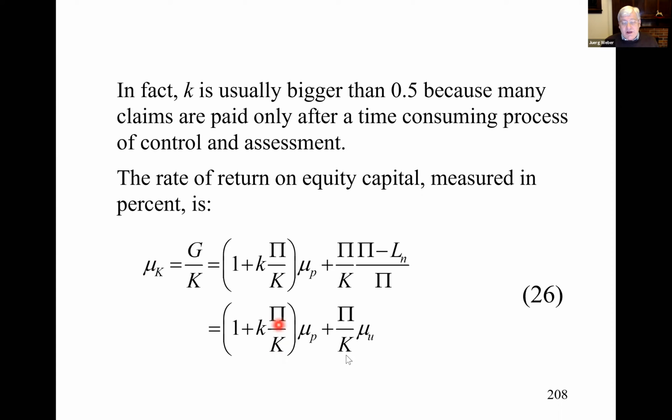A high leverage ratio means a higher return on equity. And so then the shareholders will be happy. But it also means that the capital is low relative to the insurance premium. And so the buffer stock of the insurance company is quite low, and so it's risky. That's a more general principle in finance. Investors like leverage. It drives up the returns, but at the same time, it also increases the risk.